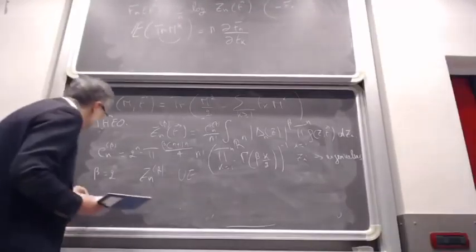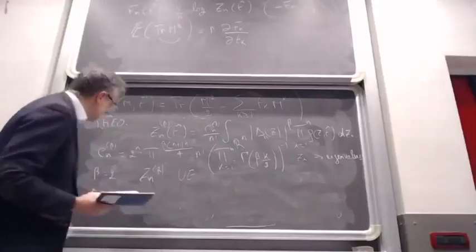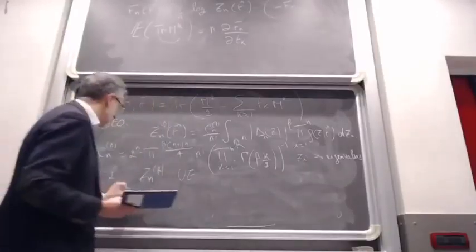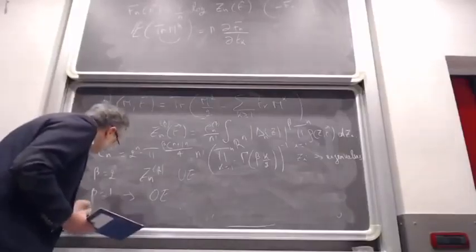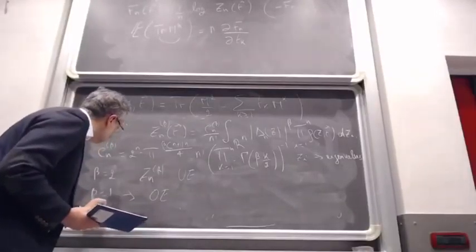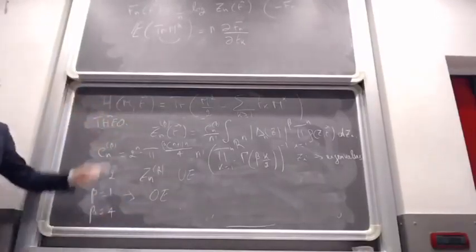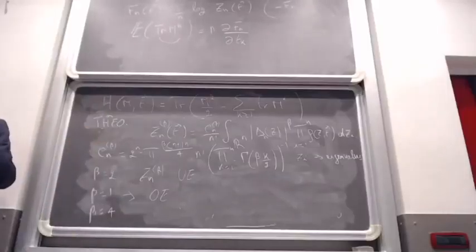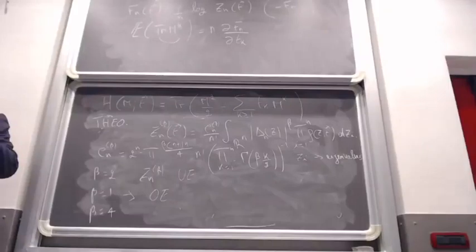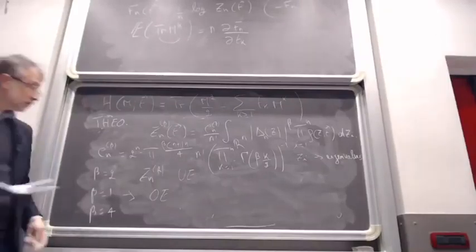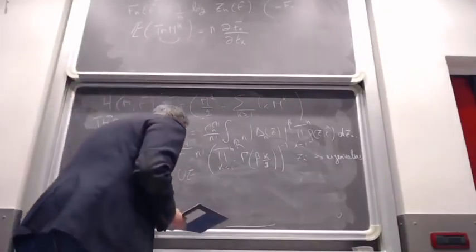For example, for beta equal to 1, you have the orthogonal ensemble. And if beta is equal to 4, for example, this result returns the partition function when the integral is calculated over the symplectic ensemble. Okay, so the symplectic ensemble.